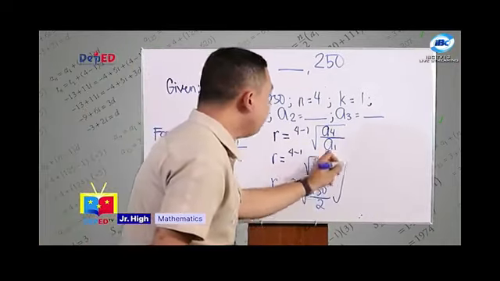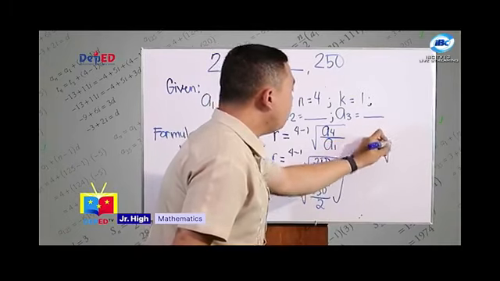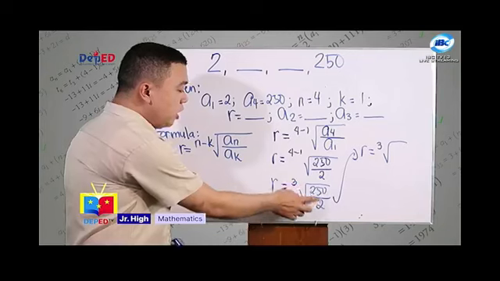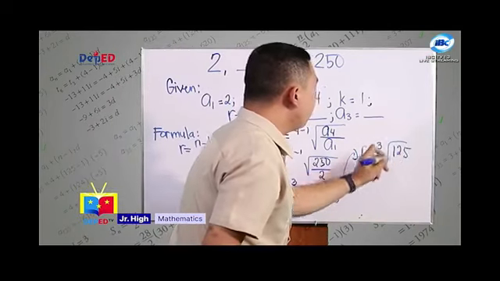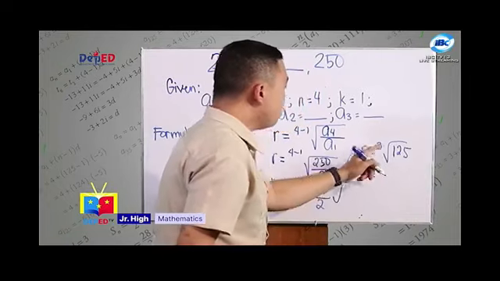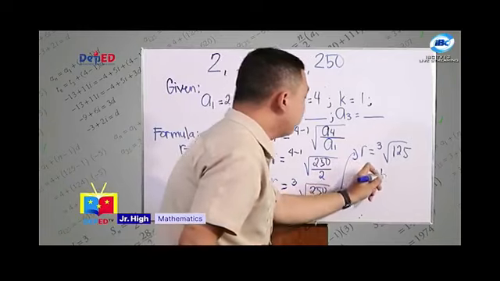Next, we will have r is equal to the cube root of 250 divided by 2, which will give us 125. Getting the cube root of 125, that is equal to 5. Correct.